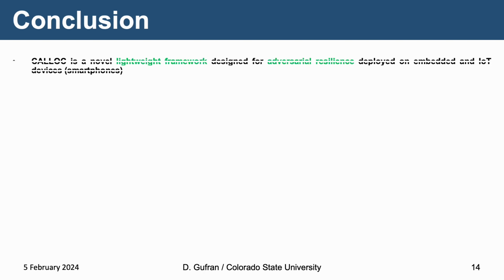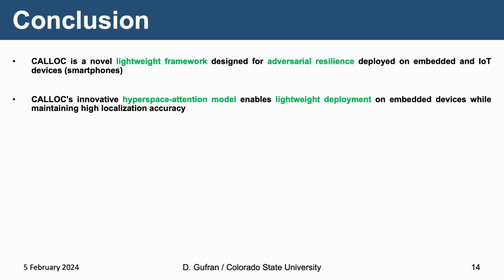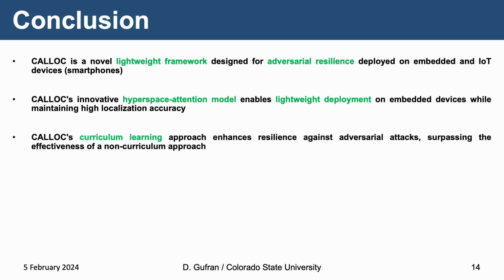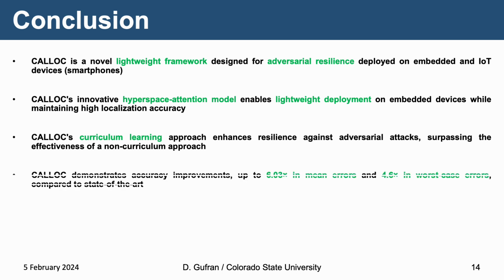In conclusion, CALLOC is a novel lightweight framework designed for adversarial resilience, deployed on embedded and IoT devices. CALLOC's innovative hyperspace attention model enables lightweight deployment on embedded devices while maintaining high localization accuracy. CALLOC's curriculum learning approach enhances resilience against adversarial attacks, surpassing the effectiveness of a non-curriculum approach.